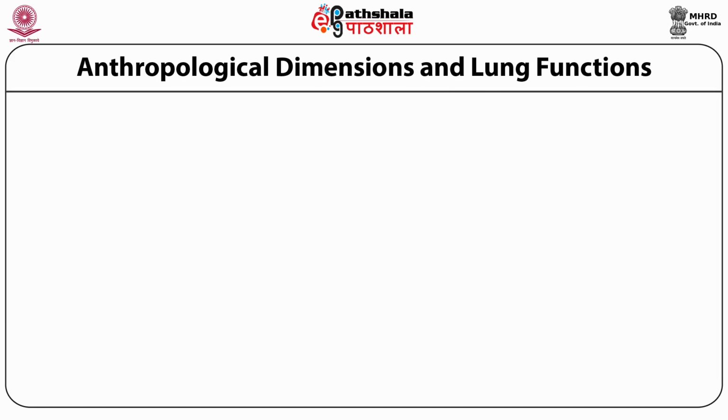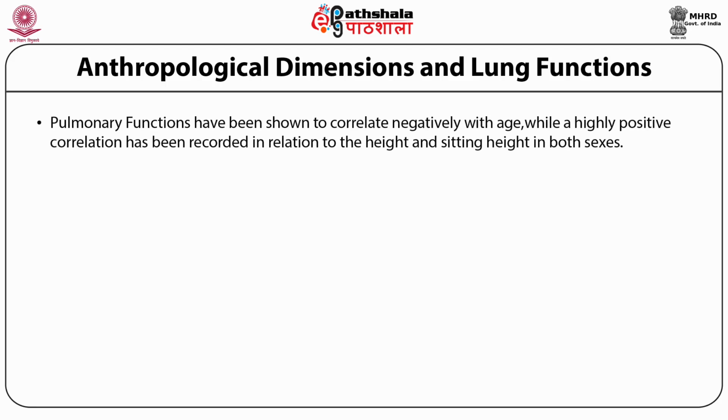Now let's have a look at the anthropometric dimensions and their relationship with the lung functions. The pulmonary functions have been shown to correlate negatively with age, while a highly positive correlation has been recorded in relation to the height and sitting height in both men and women.